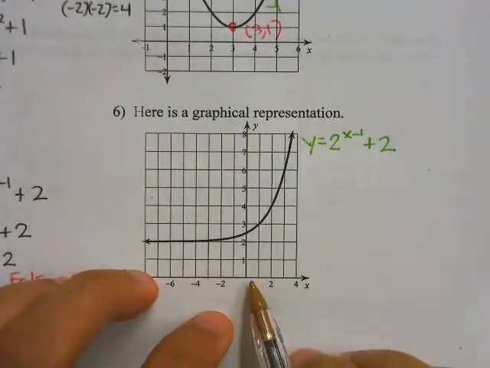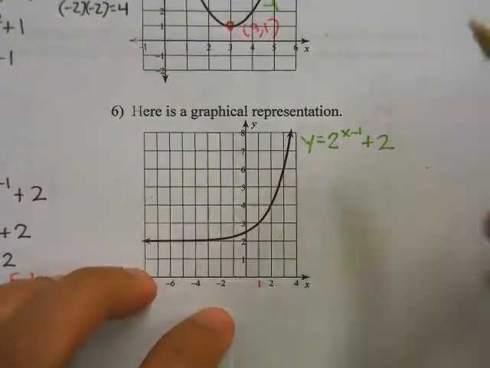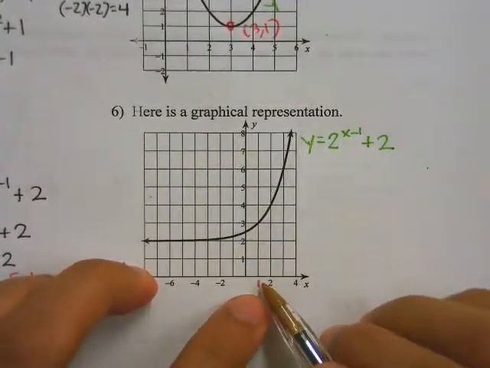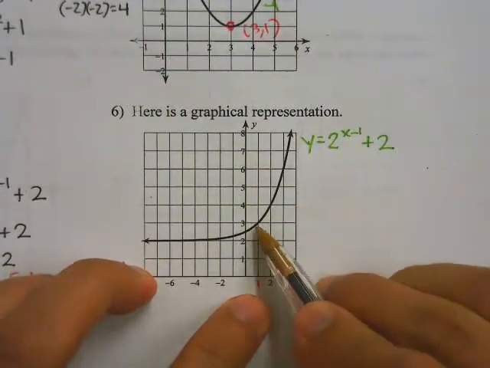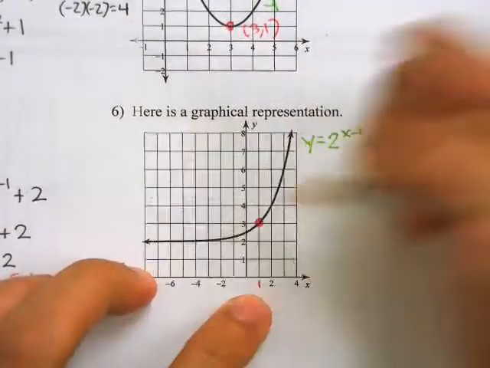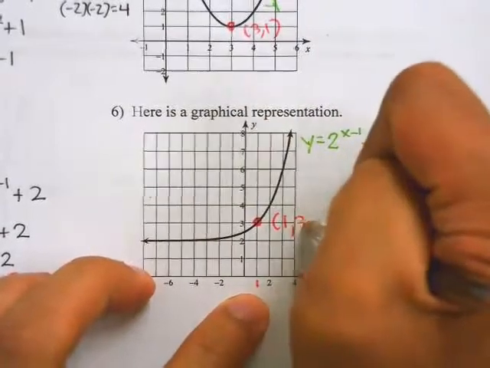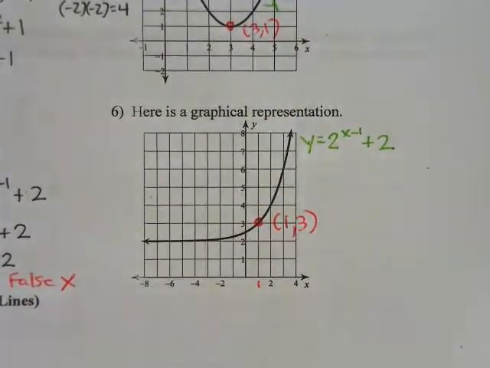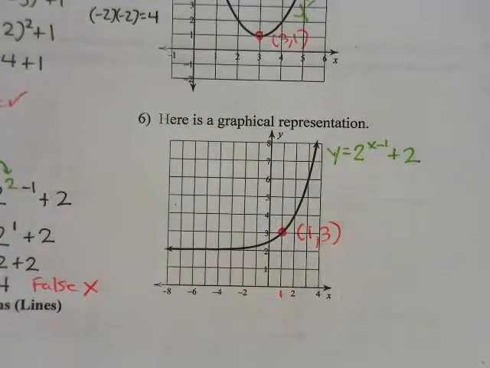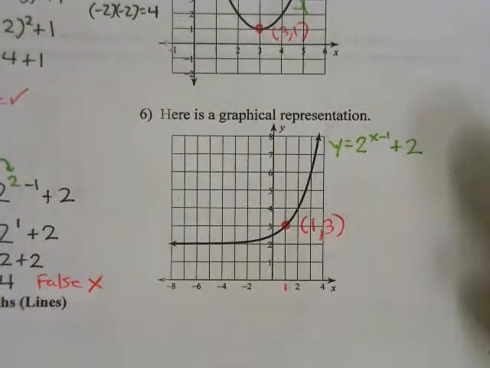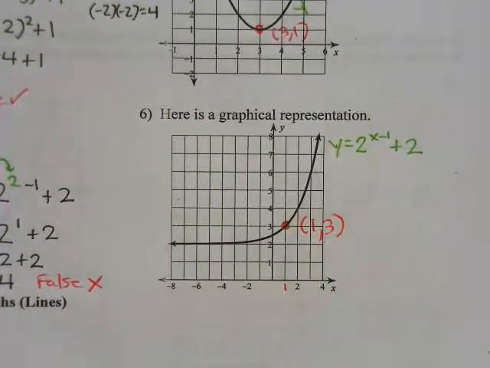So 1 comma 3, although it's not marked, your 1 is over here. So we're going to go 1 to the right and then 3 up, 1, 2, 3. And then great. So it matches our calculations. It was true, and it lands on this, what's called an exponential function, which we will review on the second part of this video, the second video.